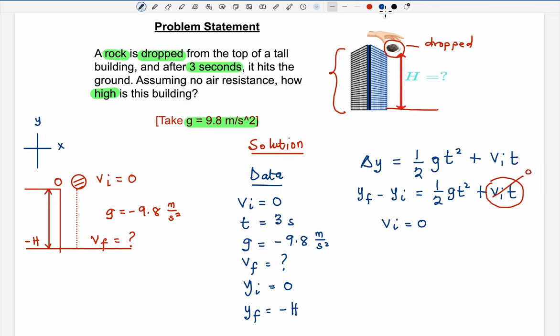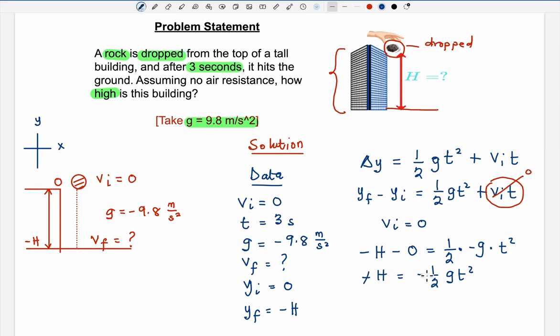So with this, we can say the y final, which is minus h, minus y initial, which is 0, because that is the origin, is equal to 1/2 times minus g, so g is negative, times t squared. All right, so we can have minus h equals minus 1/2 g t squared.